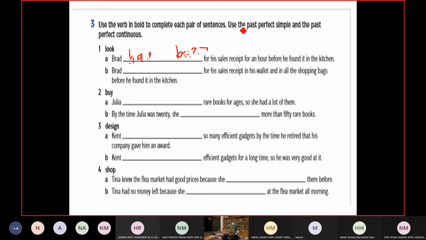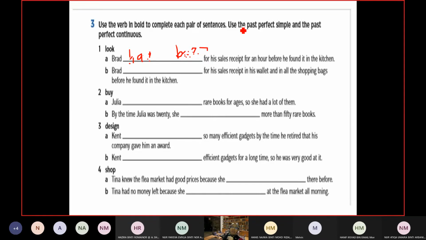Sebab apa awak guna had been looking? Because they dah stated an hour. That is one, the time frame is there. Compared to B, dia tak mention pun time frame. So maksudnya mungkin dia cari less than an hour. So Brad had looked for his sale receipt in his wallet and in all the shopping bags before he found it in the kitchen. All right.